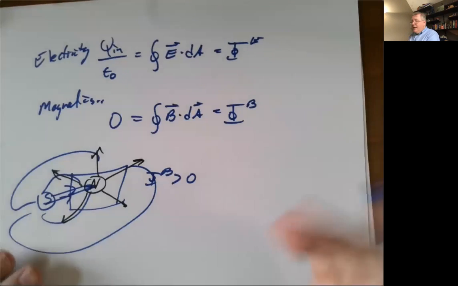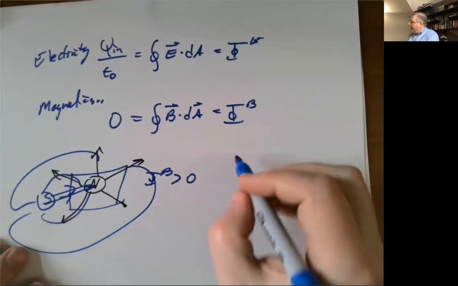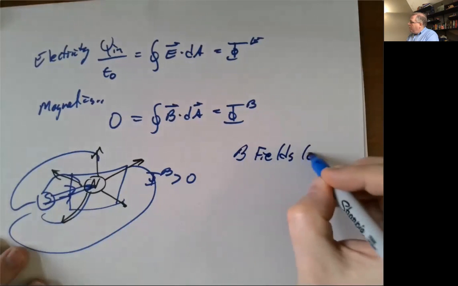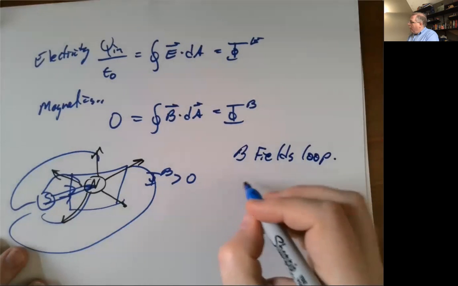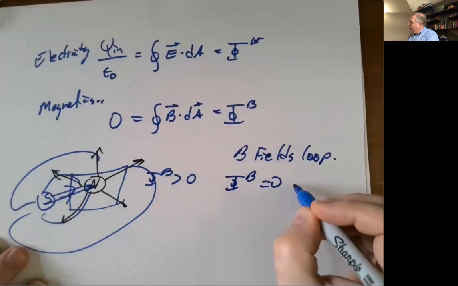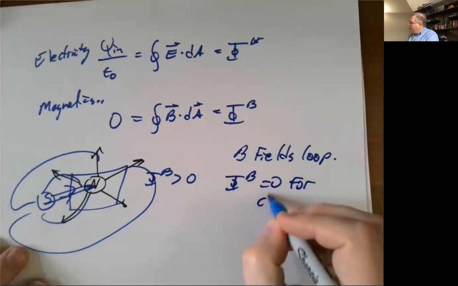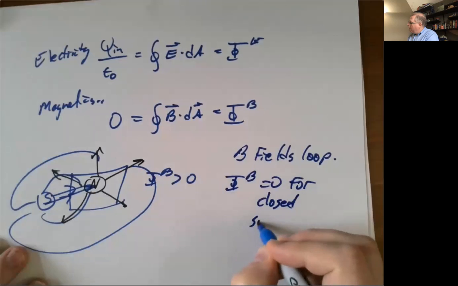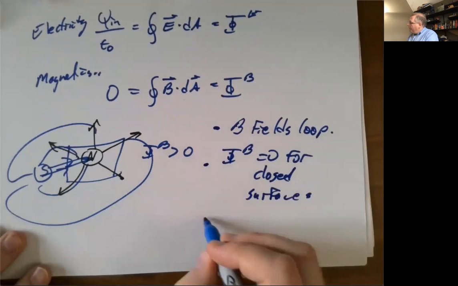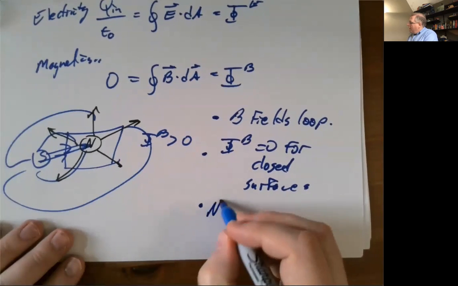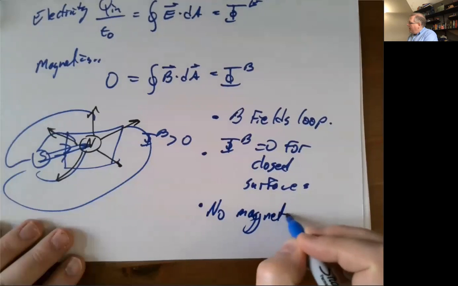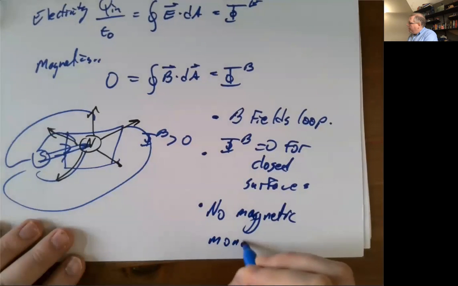So you always have the same number of lines come in and come out, because you can only have loops. So there's 3 statements that we can say are the same thing: that B fields loop, or that we can say the flux equals 0 for closed surfaces, or we can say there's no magnetic monopoles.